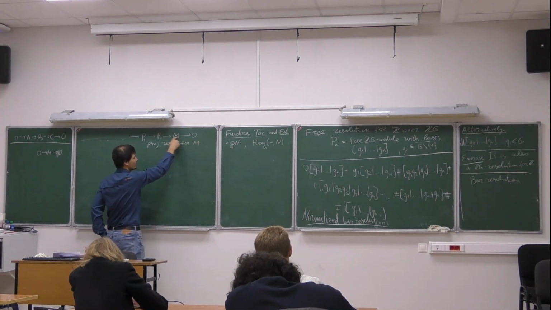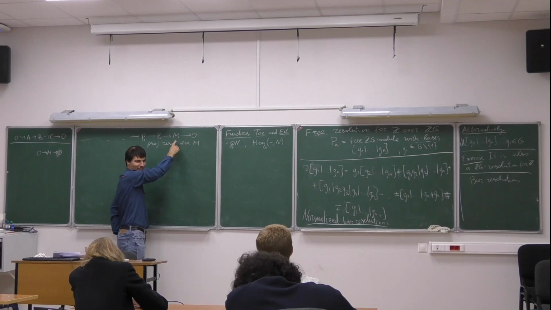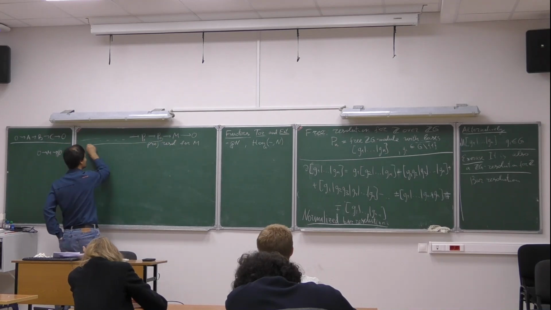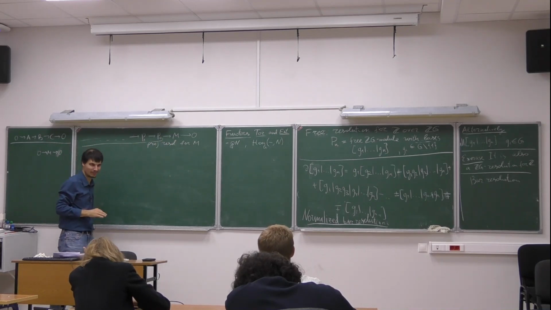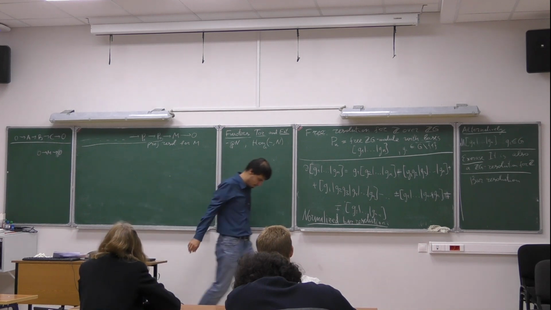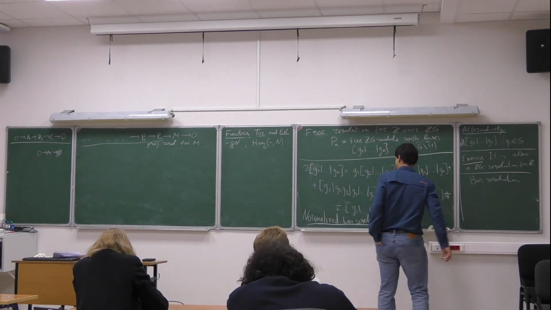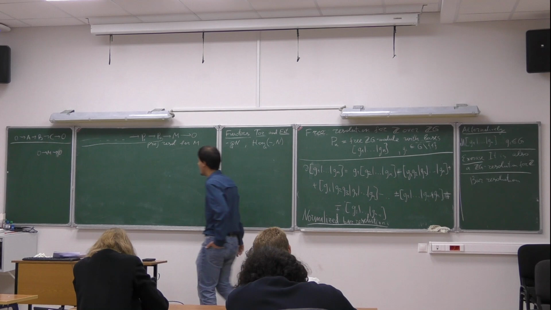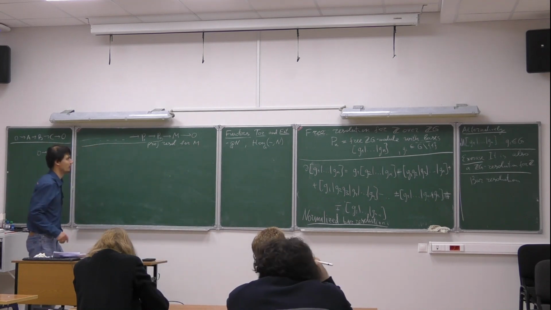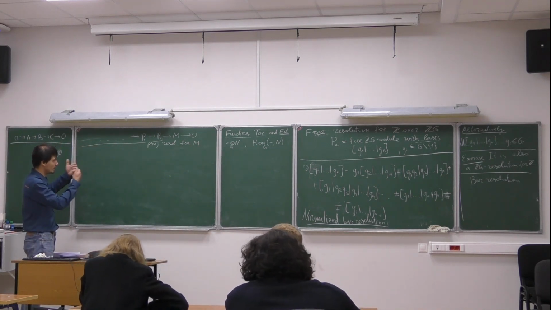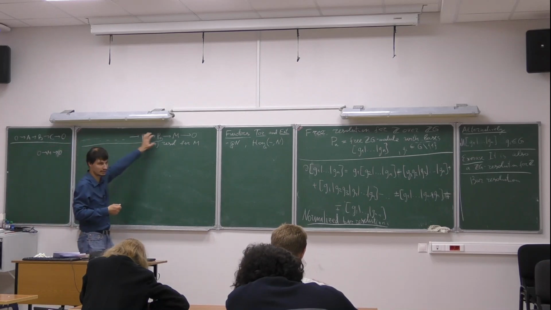I mean that this is exact and M is not supposed to be projective, so the resolution itself is this part. Okay? So suppose you have a projective resolution for M, so this sequence is exact.